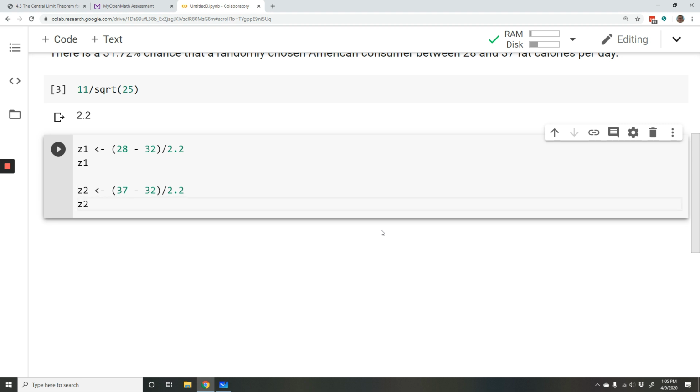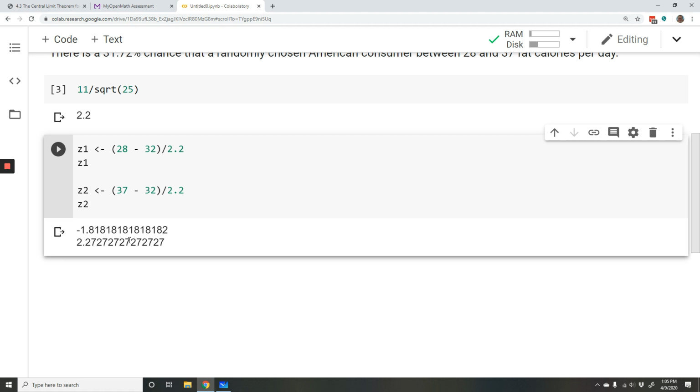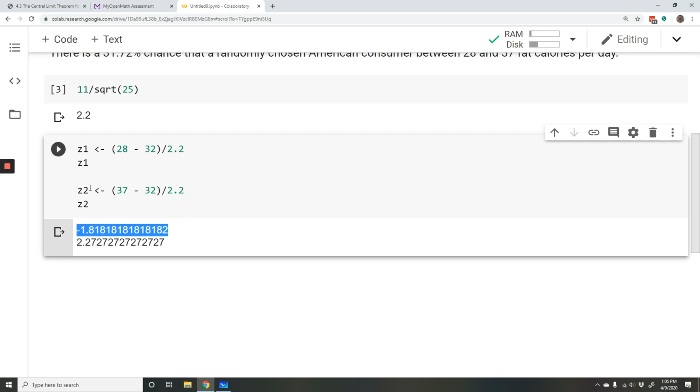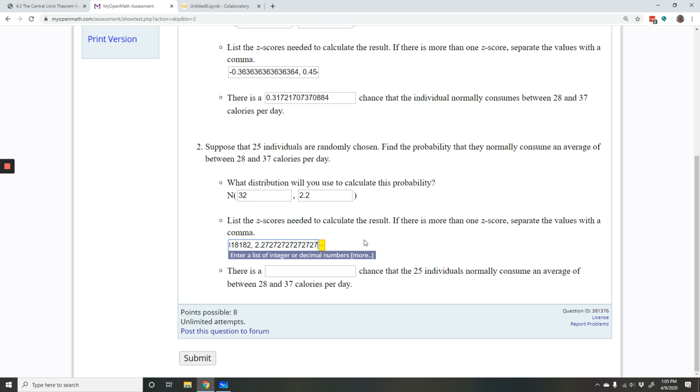Print that out so we can see it. Okay. Notice these z-scores are different from the z-scores we got before. So let's copy them, let's paste them in here so we can get our answer. Okay, so those are our two z-scores separated with a comma.